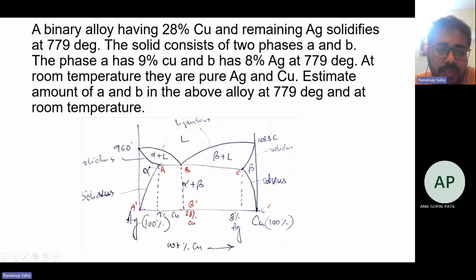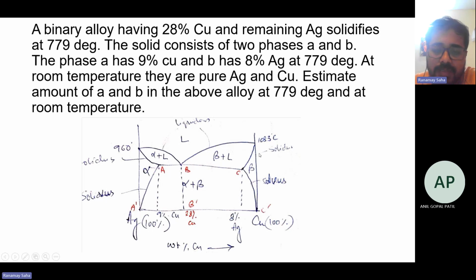Simply drop the lines from these phase changing points, so you can get an idea of the percentage of copper at that particular point. It says that at 779, A has 9% copper and B has 8% silver. So the A phase, alpha here, has 9% copper, and it goes on increasing up to the last point where it increases to 100%. At the same time, silver is at 8% and goes left up to 100%.